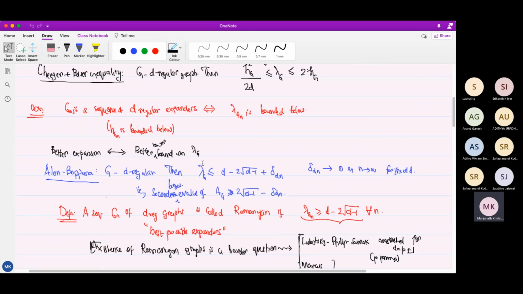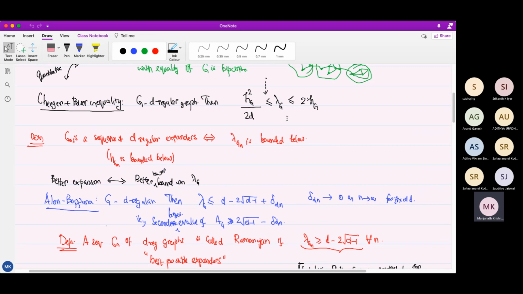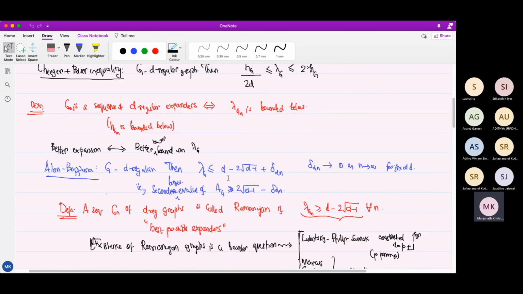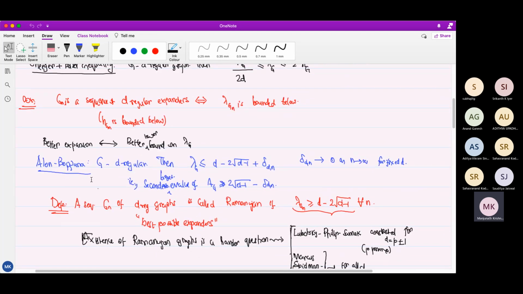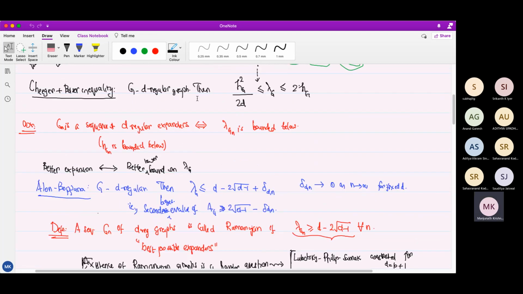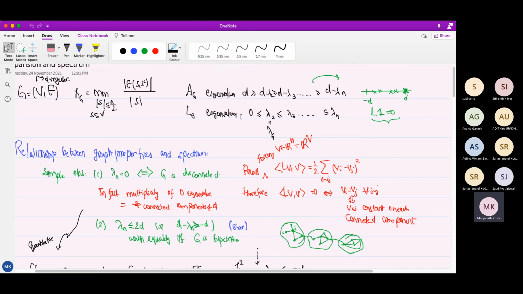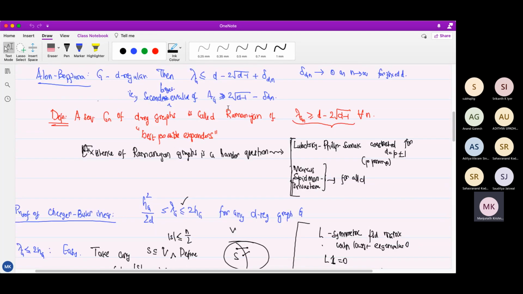Now, as I said, there is a limit to how big the lambda can be. So this is a theorem of Alon and Boppana that lambda_G cannot be larger than d minus 2 square root of d minus 1. Well, it can be, strictly speaking, for finite d and n, but plus some quantity which goes to 0 as n goes to infinity. So in other words, the second eigenvalue of the adjacency matrix is always asymptotically at least 2 square root of d minus 1.